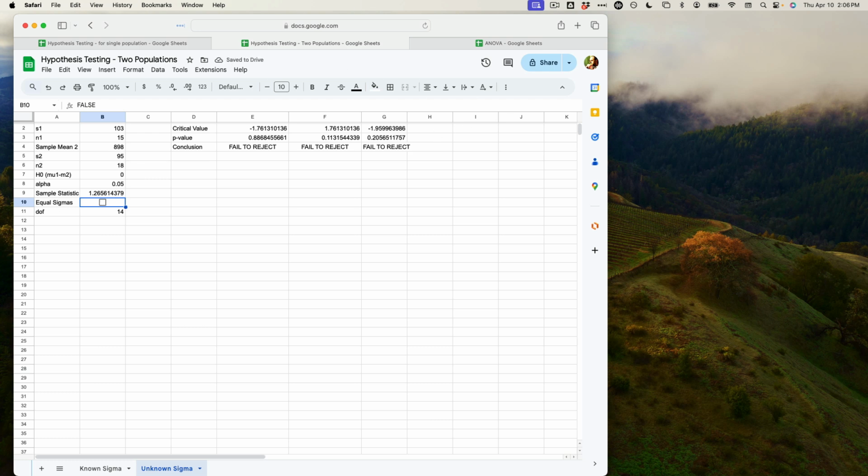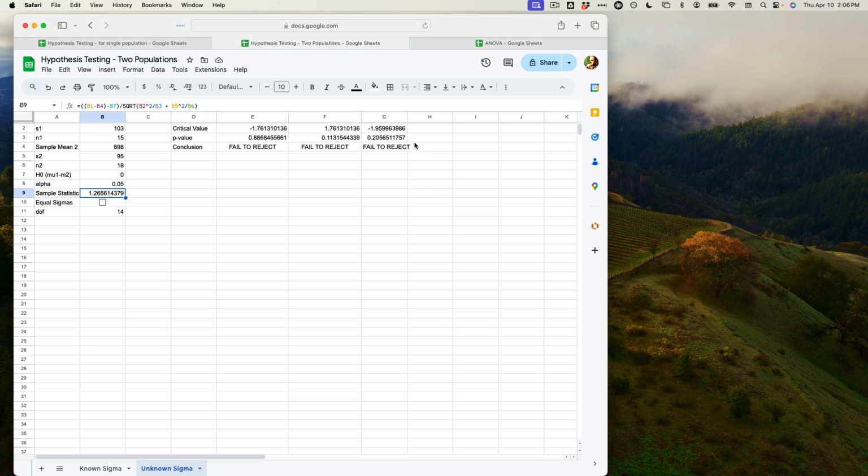Now the next step is figuring out the t-statistic, and with the t-statistic we have the other if statement, where we have to consider whether we have equal sigmas or not.